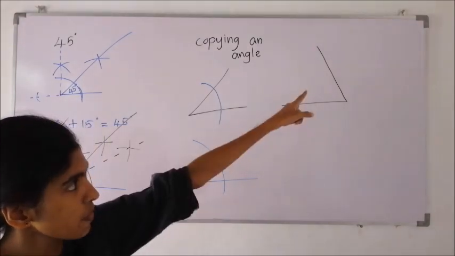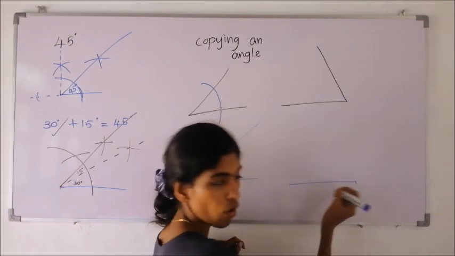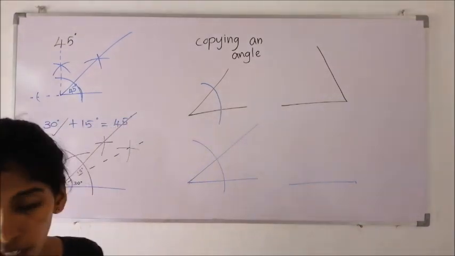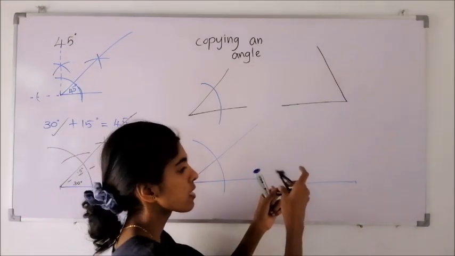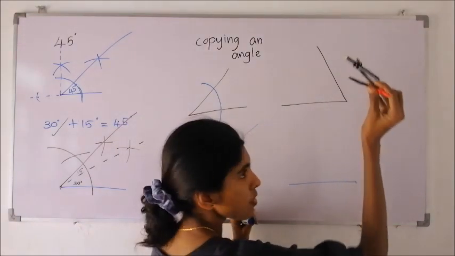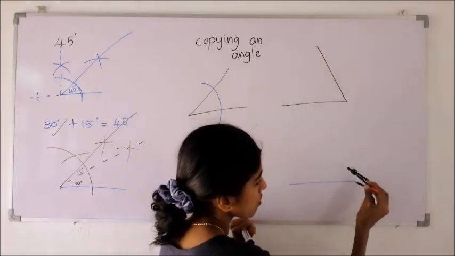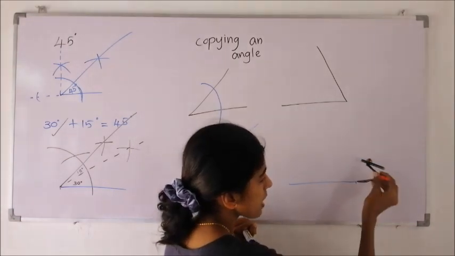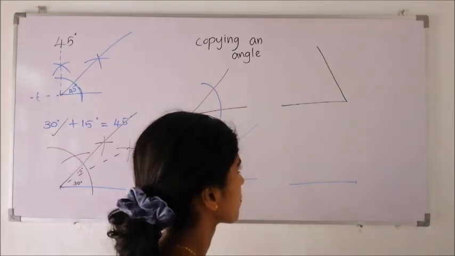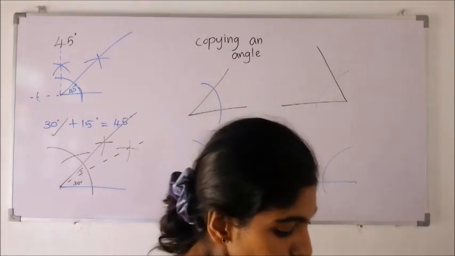Again I will explain. If you want to copy this angle at this point, okay, get the compass, open it to any length, keep the metal point at the vertex, draw an arc. Without changing the length that you took, go to the new point, draw the same arc here. Now what do we do?